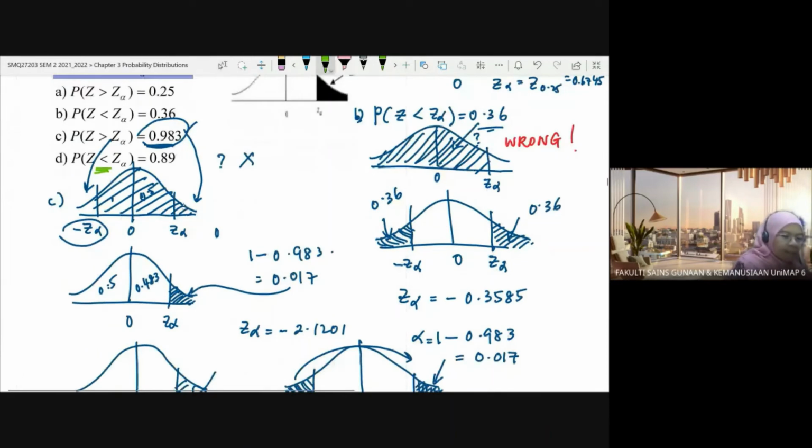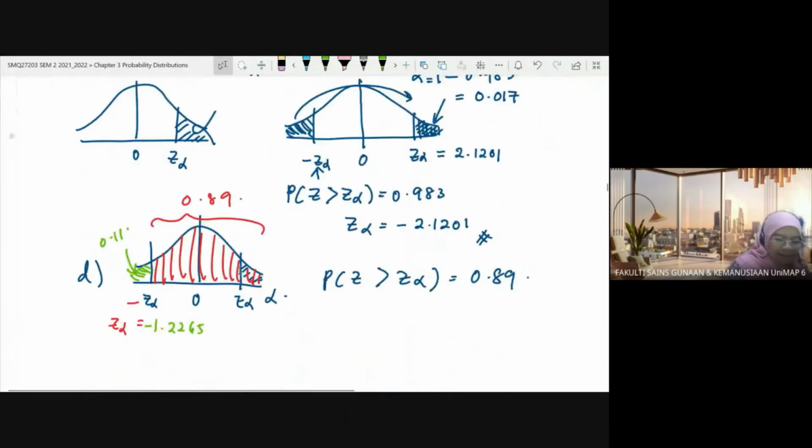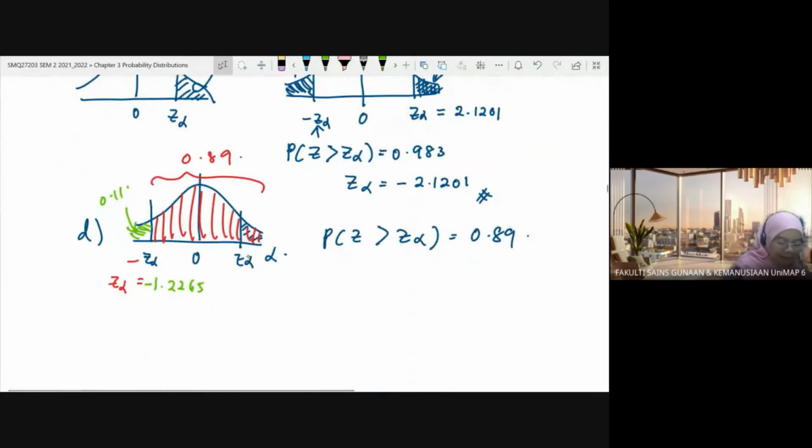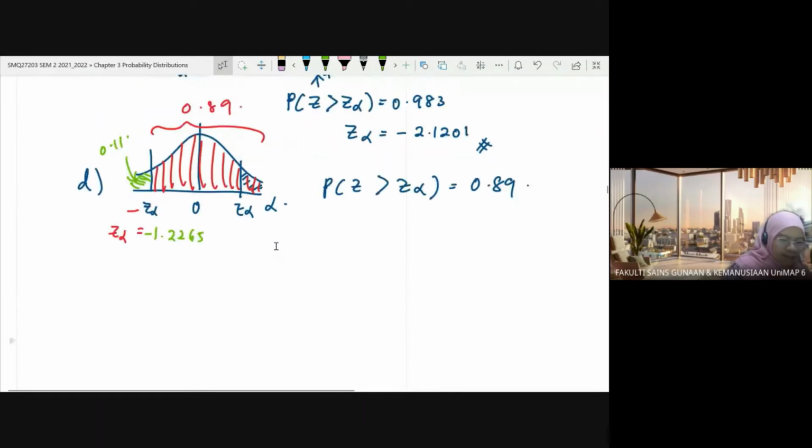It's okay lah, I change the question. So for greater than is this one. But for less than, okay lah, kita buat jugalah. So yang ini untuk greater than. If let's say we have less than, we are looking for P(Z less than Z alpha) is 0.89.